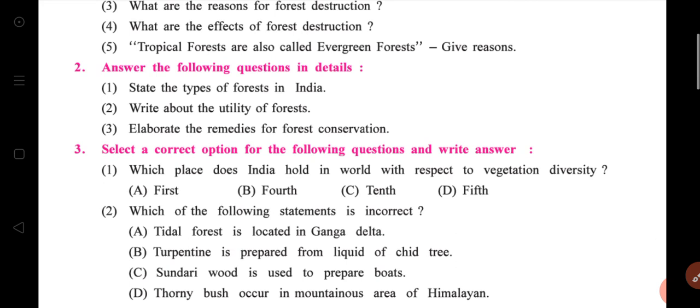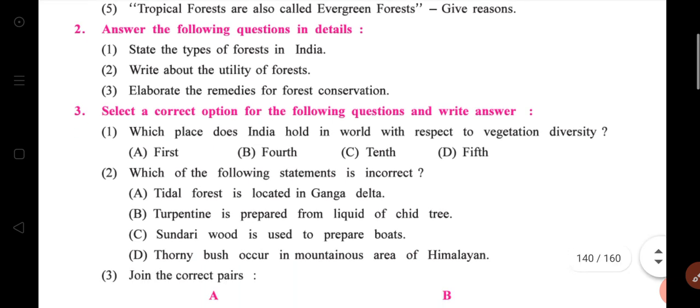See students, most of you don't do homework regularly and don't submit it, because I see in the application that most students don't submit. So please be regular and do your homework.